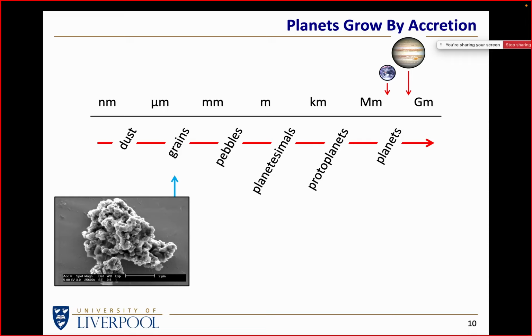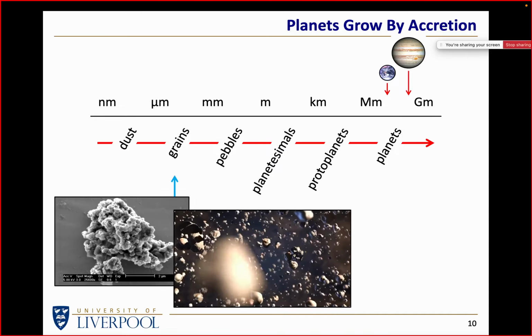So down at this left-hand end, the grains, there are grains of carbon materials, silicon materials in the interstellar medium, and that will be mixed into this protoplanetary disk surrounding our sun. Those tiny little grains will stick together when they bump into other grains, and there are so many of them.